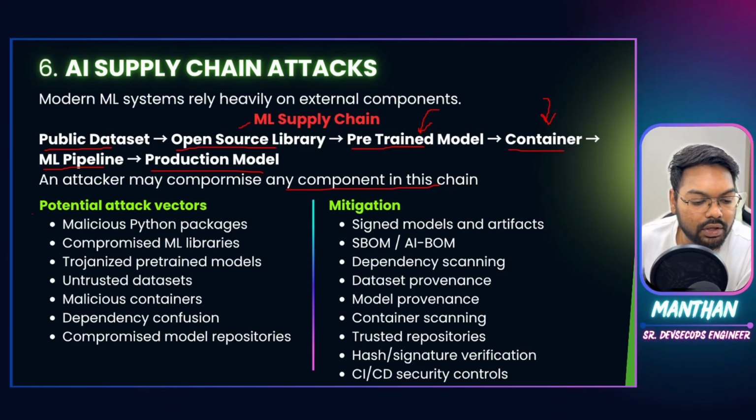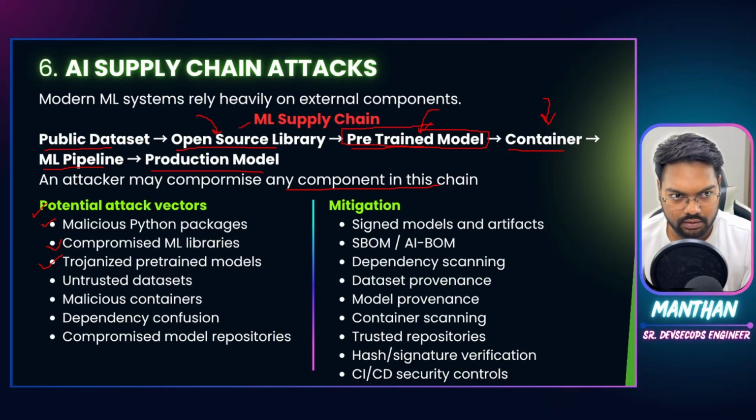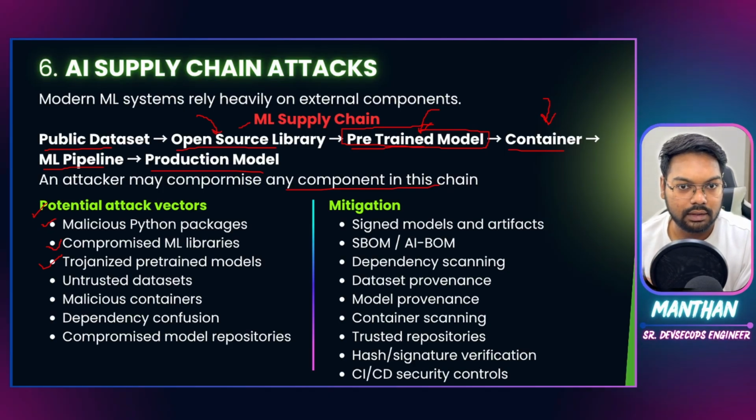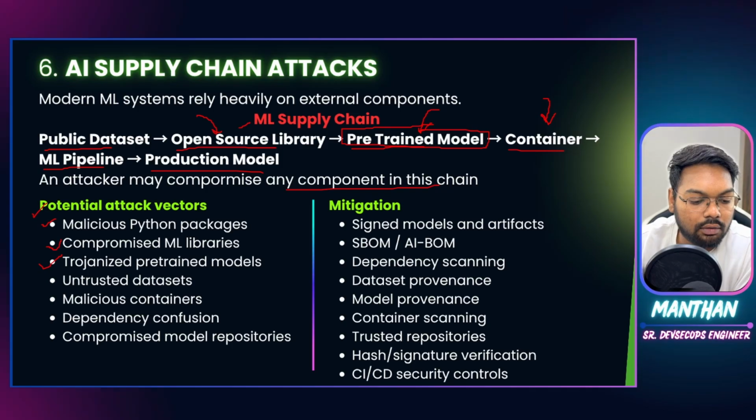So the potential attack vectors are malicious Python packages, the open source libraries that are consumed, compromised machine learning libraries, and Trojan pre-trained models. There is a Trojan attack you might have heard about, where something is already inside that horse, and it enters the castle, and then at midnight it bursts out. So Trojan pre-trained models carry software that is already present in them.